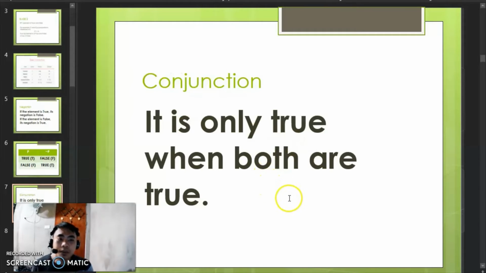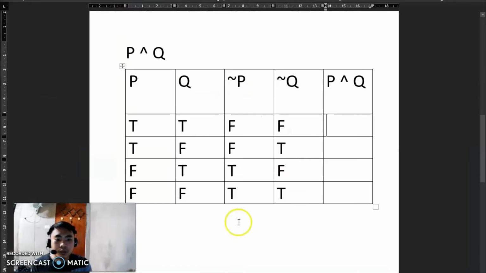So, ibig sabihin, kapag nag-compare po tayo ng dalawang elements ni P at ni Q, dapat daw po parehas silang true para makakuha tayo ng true. So, pag hindi po sila magkaparehas, kunwari, true-false, false-true, or false-false, ang magiging elements po ng P and Q ay false.